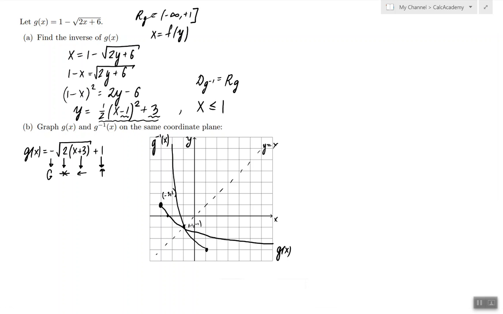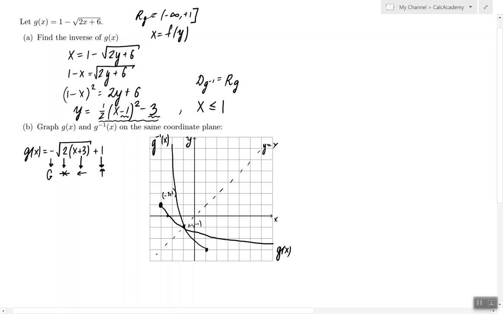So we look at the vertex, it's at 1, -3, because here I made a mistake. This should have been 2y plus 6, and therefore this will be -3.